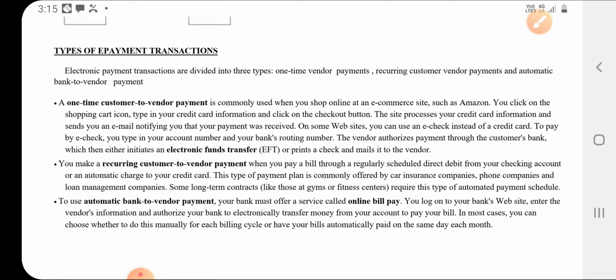On some websites, you can use e-check instead of credit card. So, to pay by e-check, you type in your account number and your bank routing number. Okay. So, the vendor, the seller, authorizes payment through the customer's bank, which then either initiates the electronic fund transfer or prints a check and mails it to the vendor.